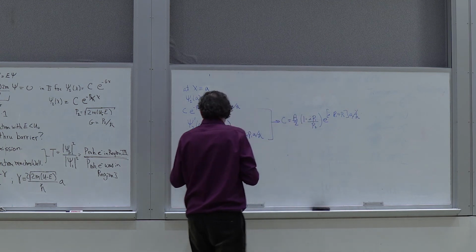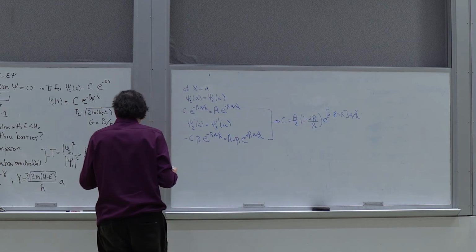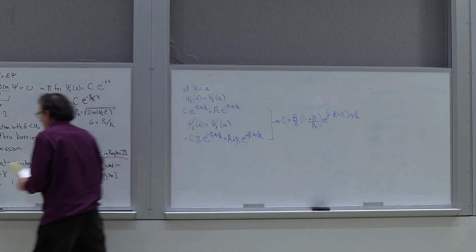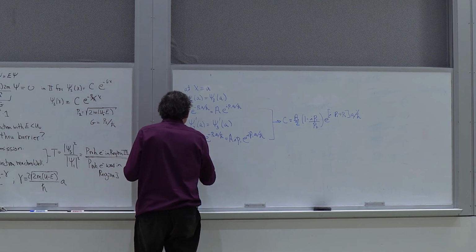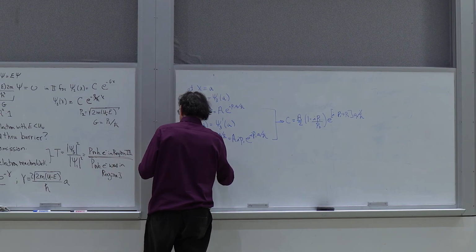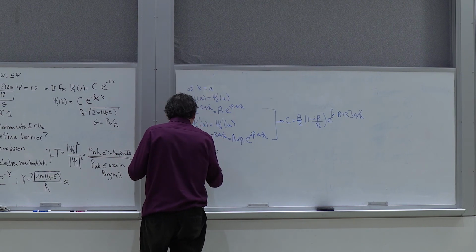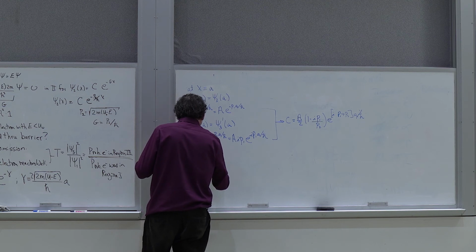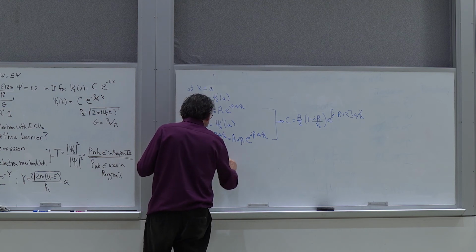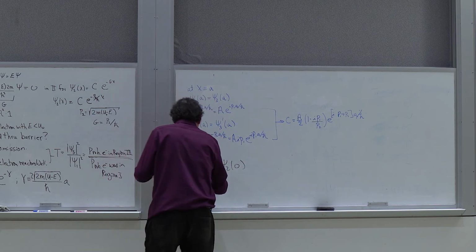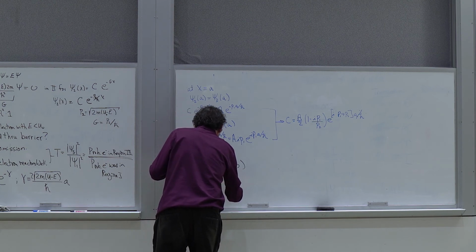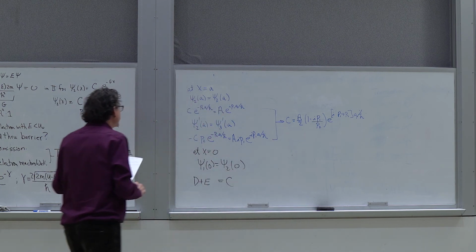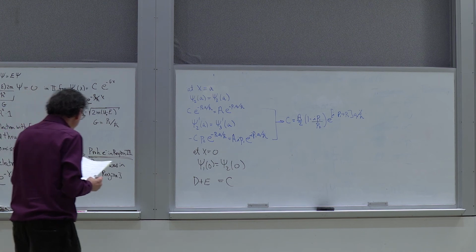Okay. And now I can do the same thing for the wave function, which has to be continuous across the boundary at x equals 0. So at x equals 0, I have the condition that psi 1 of 0 must be equal to psi 2 of 0. The wave function must be continuous. And I then get that D plus E is equal to C, because I evaluated the exponentials at x equals 0.